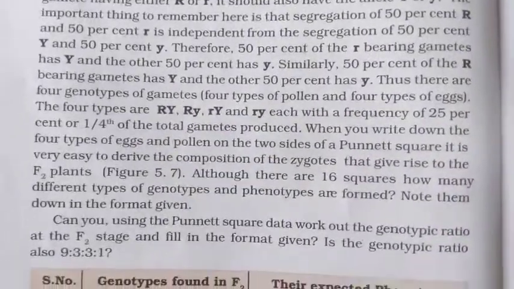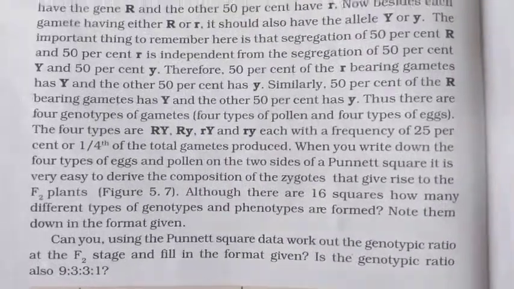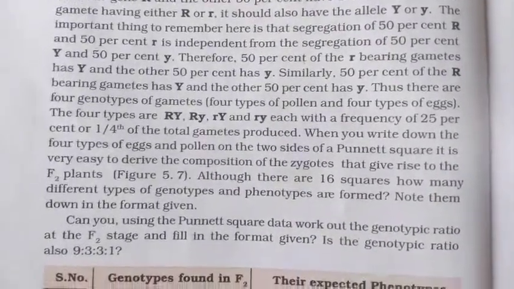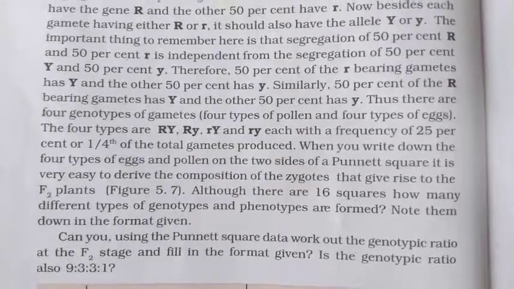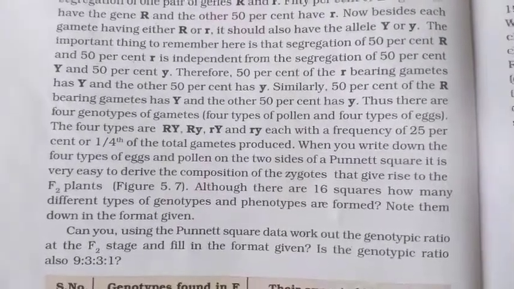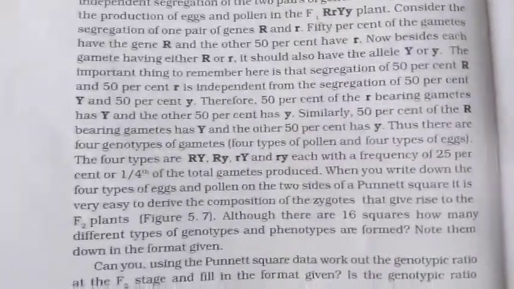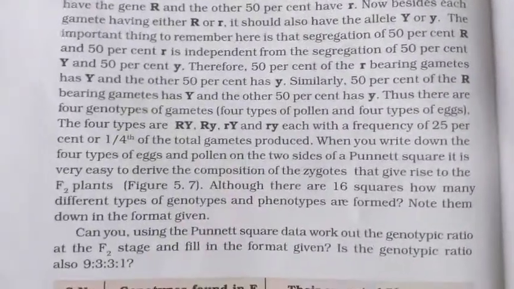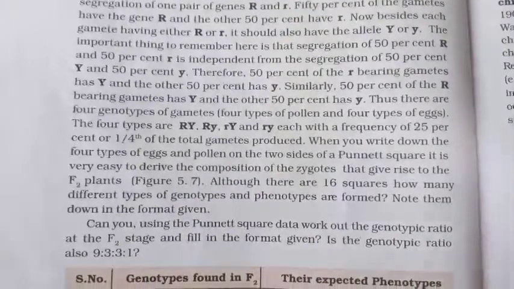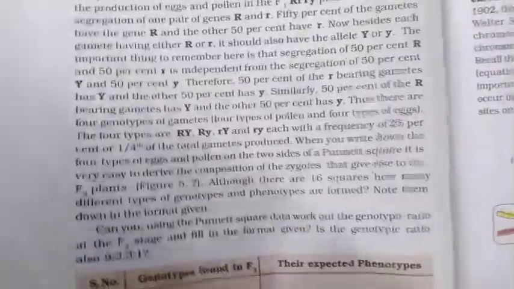When you write the 4 types of eggs and pollen on the two sides of the Punnett square, it is very easy to derive the composition of the zygotes that give rise to the F2 generation plants. Although there are 16 squares, how many different genotypes and phenotypes are formed can easily be visualized in the Punnett square.